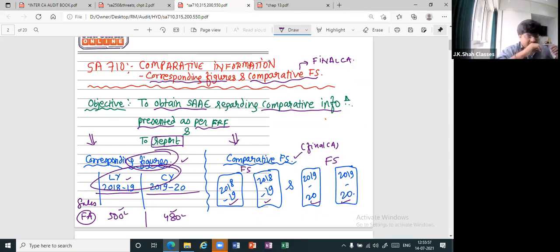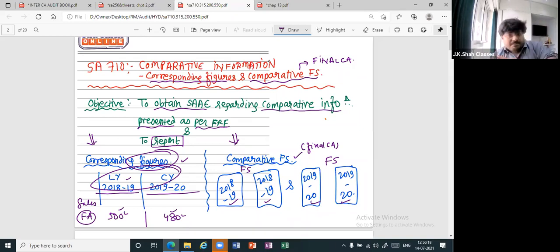Acha. Supposing, for example, last year I was not the auditor. There was some other auditor. You remember predecessor auditor? See, that is why I told you it is related to SA 510. In SA 510, we had known the predecessor auditor. Predecessor auditor means current auditor or previous? Previous.